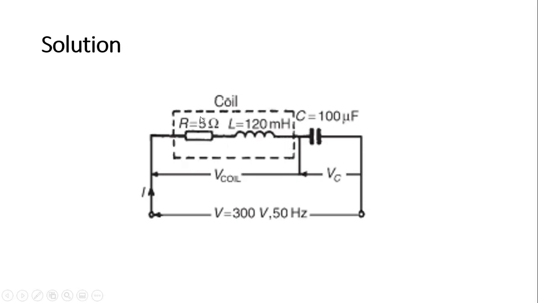It is in series with a capacitor. This is the capacitor, 100 microfarad. So this is the coil and this is the capacitor. It is connected to a 300 volt source and 50 hertz frequency. So you should be able to produce the circuit diagram.